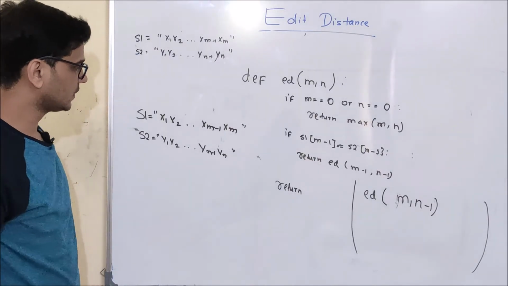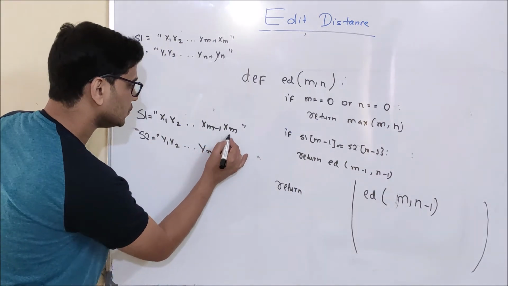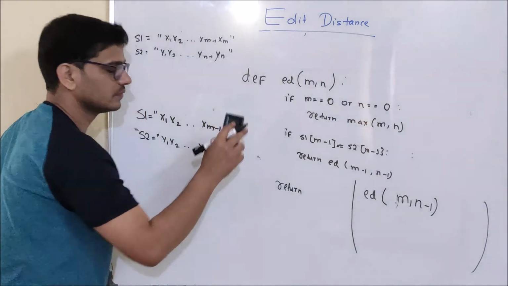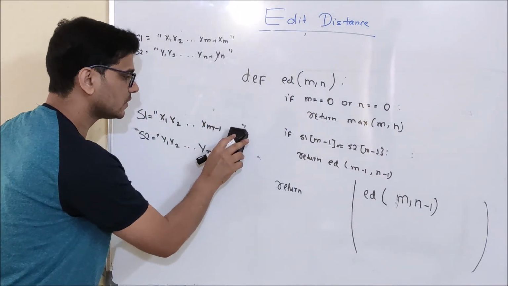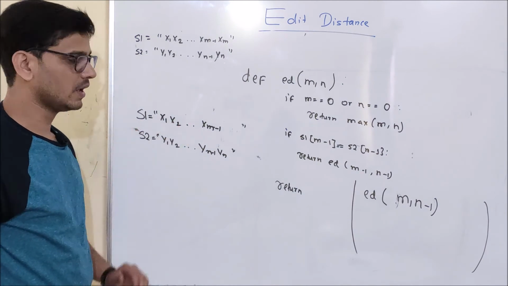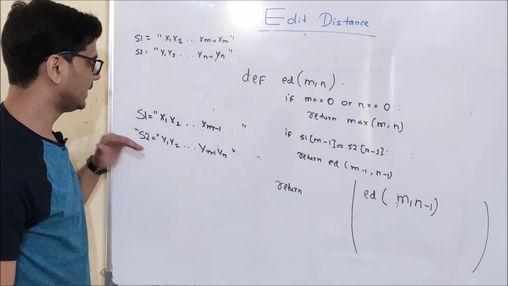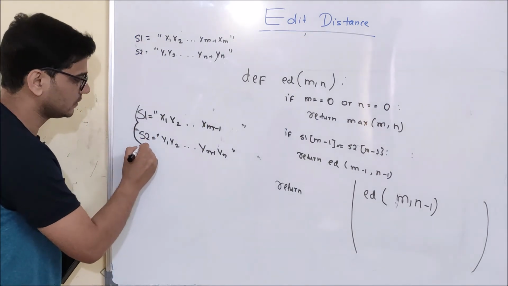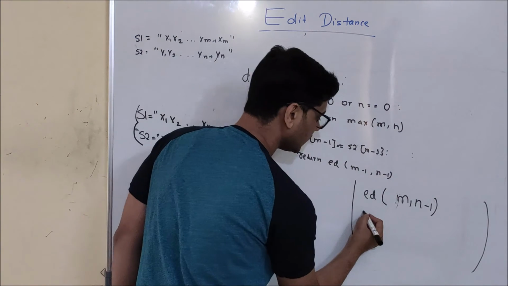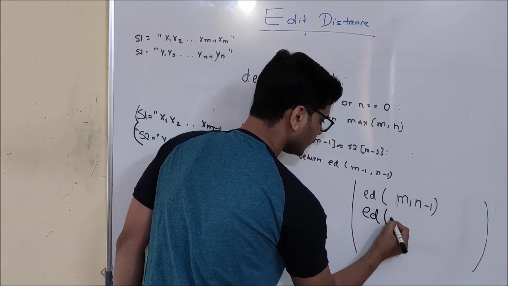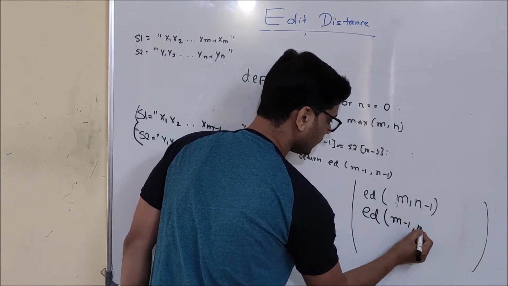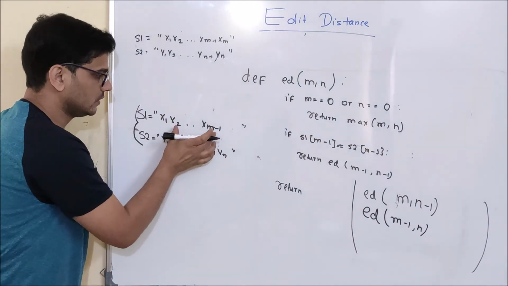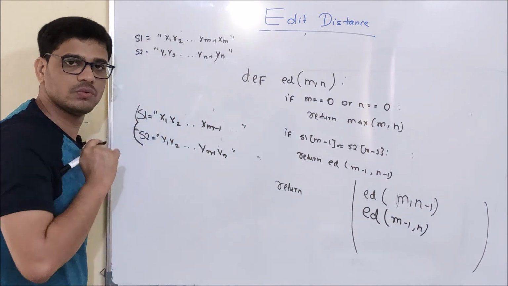What we are going to do in the case of deletion is that if these two characters are not matching, then we will delete xm from the first string, and if we do so, then we need to find the edit distance between this transformed string and this string. So how can we do it? Ed of m minus 1 comma n. That is, if I have deleted this particular character, then the length of the string will be reduced by 1.